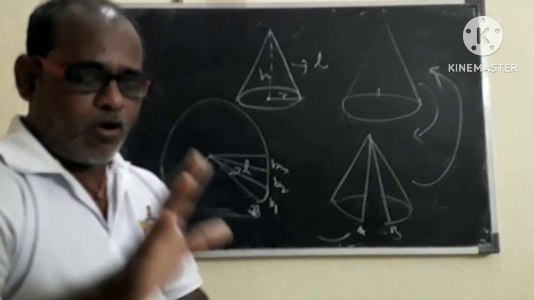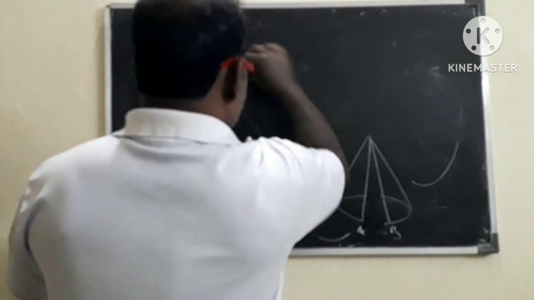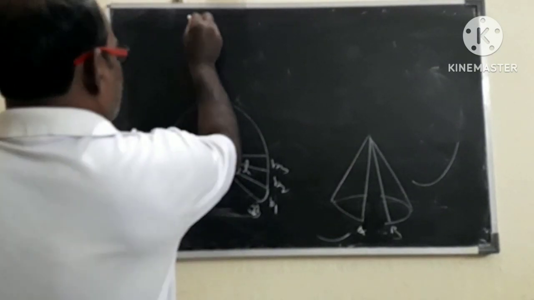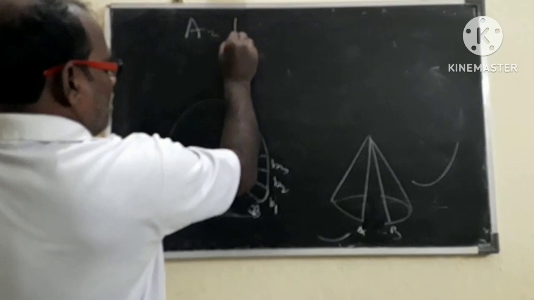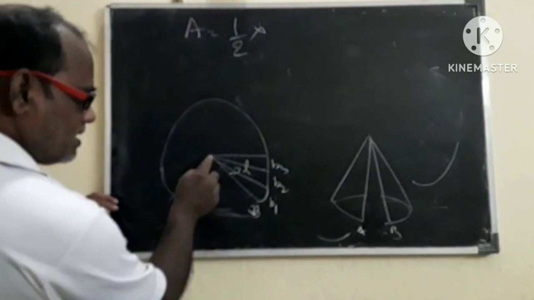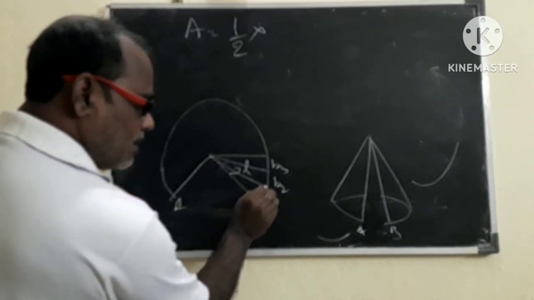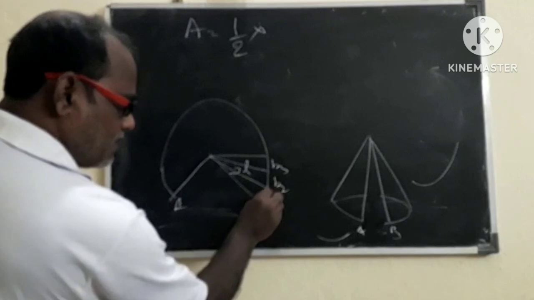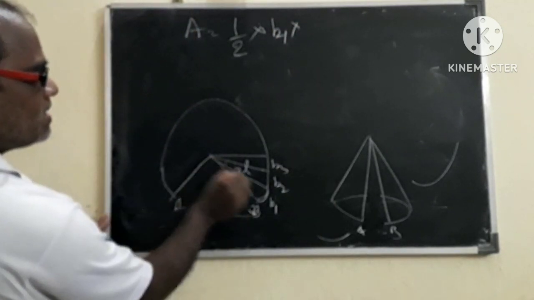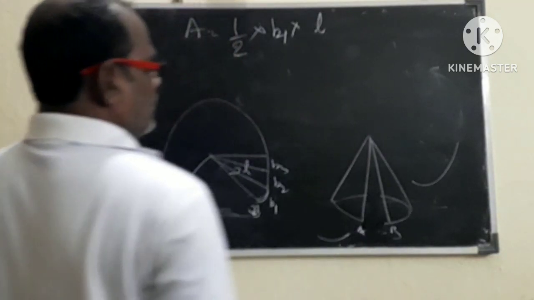And we know that the area of a triangle is half into base into height. Here, since it is a smaller section, considering this as a smaller triangle, the base becomes B1 into slant height L. The slant height is small l.